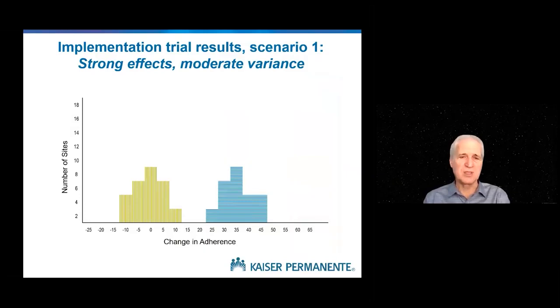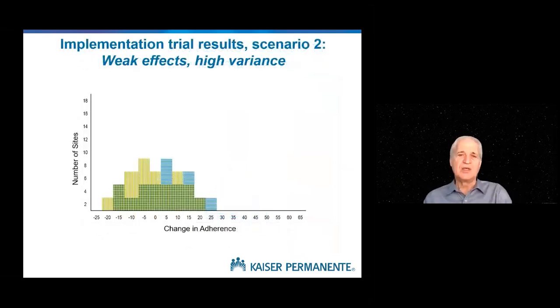And these are either, on the y-axis, number of physicians or health professionals or the number of sites. But this is the sort of result that any of us would obviously be thrilled to see in an implementation study, where our innovative implementation strategy produced highly significant improvements in adherence and outcomes.